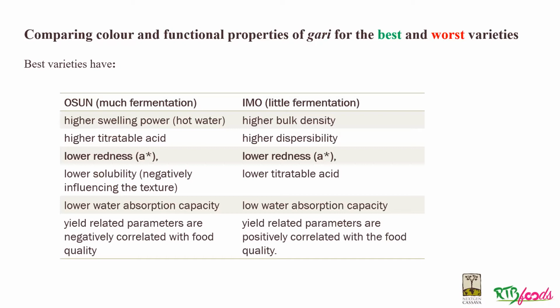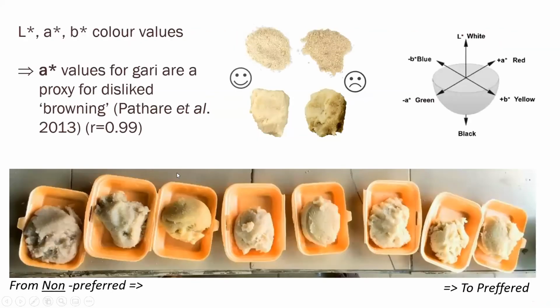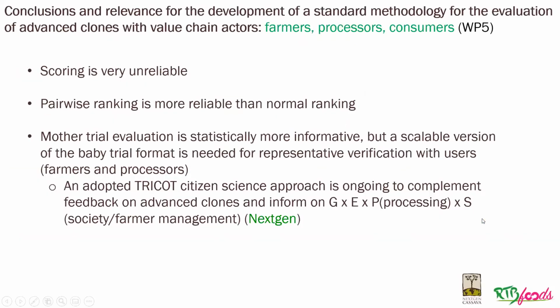So there are some differences, but one very major thing was similar in both: all varieties that are good have lower redness in their Gari color spectrum. This shows how that looks. You see the browning in Gari and in Eba, in this case Eba, is not liked, while a butterish, lighter color with the absence of red is liked.